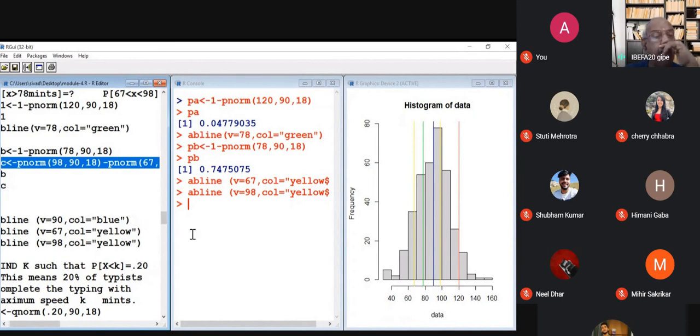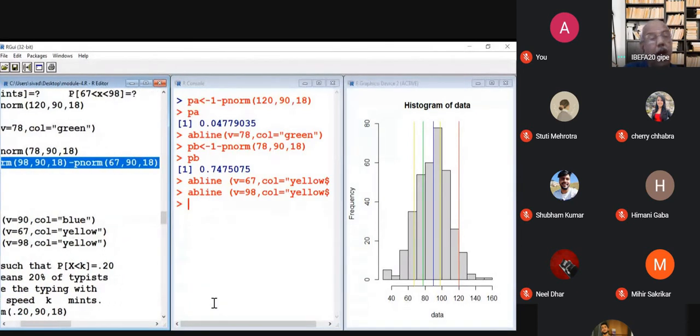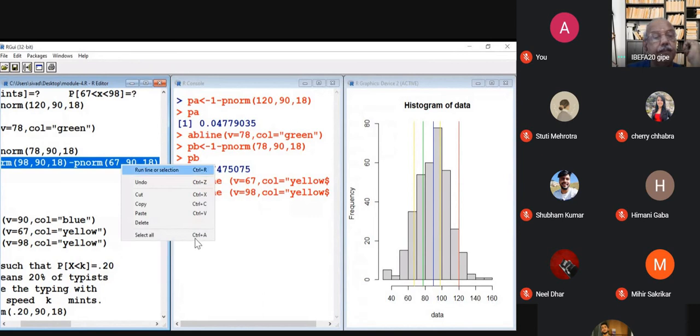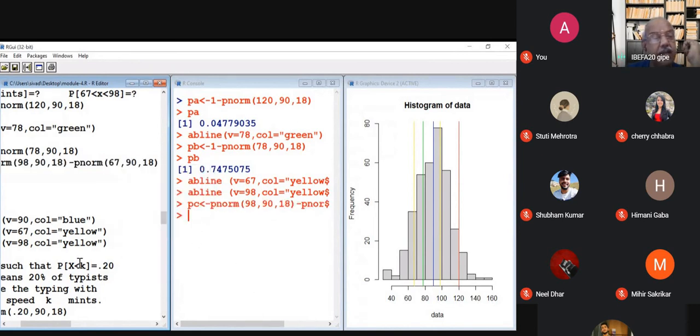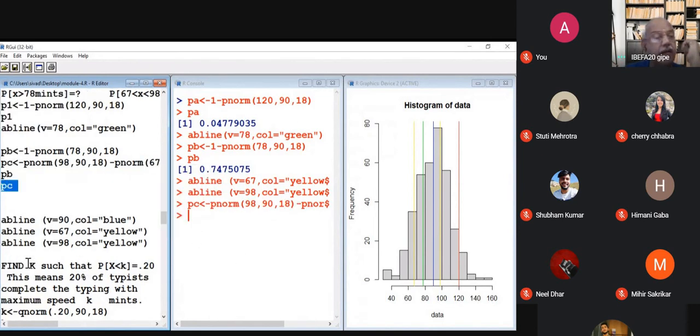P binom up to 98 minus P norm up to 67, and the answer is... So all the probabilities are computed by P norm.